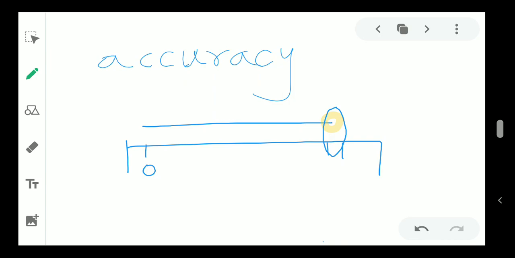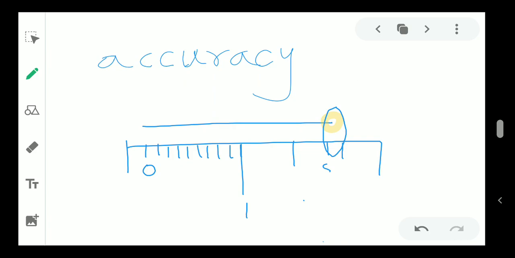Because it is neither this nor that. Let's say this is a centimeter scale. In a centimeter scale, you know that there are 10 millimeters. 1 2 3 4 5 6 7 8 9 10. And that will be your 1 centimeter, right?